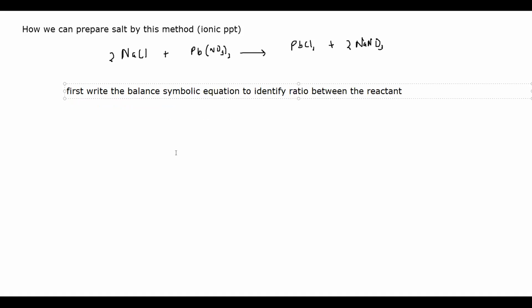If we want to write this method to prepare a salt, the insoluble salt, we want to prepare this lead 2 chloride. So first thing, write the balanced symbolic equation to identify the ratio between the reactants. In this one, what is the ratio between the reactants? The ratio between the reactants is 2:1. Means the volume of sodium chloride should be twice as compared to lead nitrate.